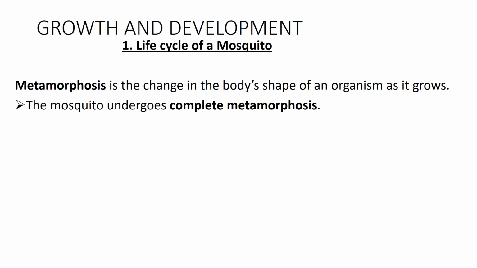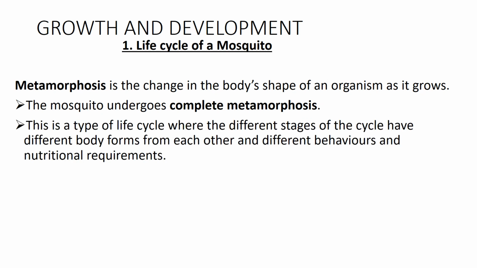So mosquitoes undergo complete metamorphosis, which by definition is a type of life cycle where the different stages of the cycle have different body forms from each other and different behaviors and nutritional requirements. So the fact that the body has completely changed also means that even the food they are going to be needing, the nutrition, is going to be different.